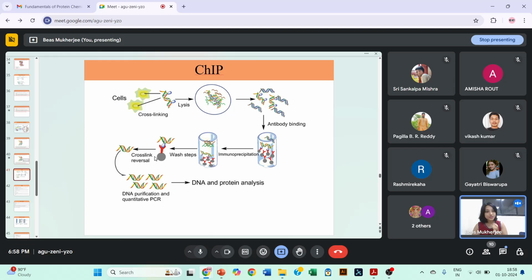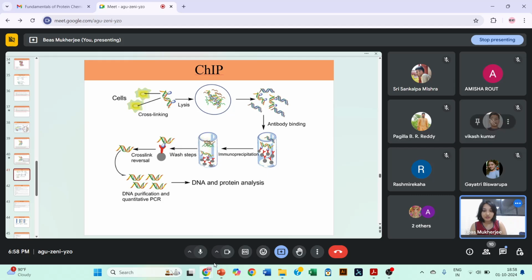So there is purification, there is quantitative PCR. So in quantitative PCR, what is happening? You are amplifying it, and from here you can actually study both the DNA and the protein.